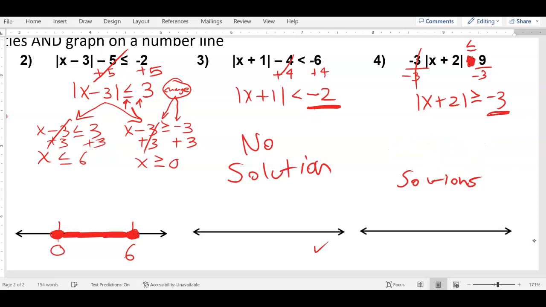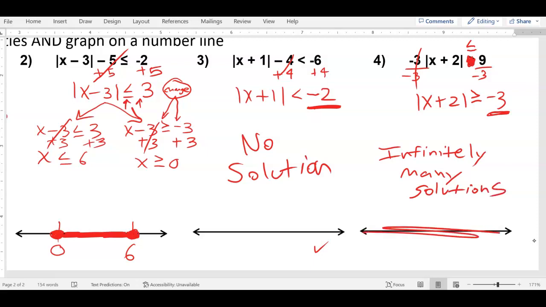Okay. Infinitely many solutions. Okay. And on your number line, you can just shade it all with arrowheads, please.